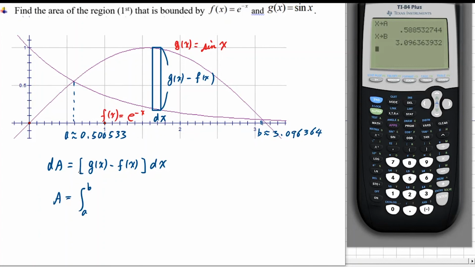But don't bother writing these, because as long as you specify what a and b are once in the problem, you can still use a and b. Those of you in computer science, this is the same as a variable constant declaration. And likewise here, don't bother substituting sine x and e to the negative x.